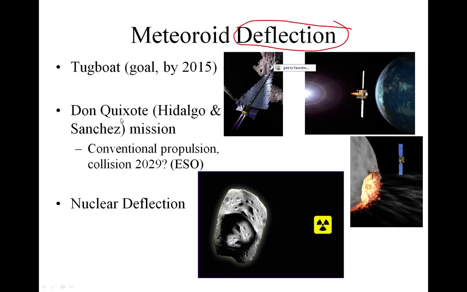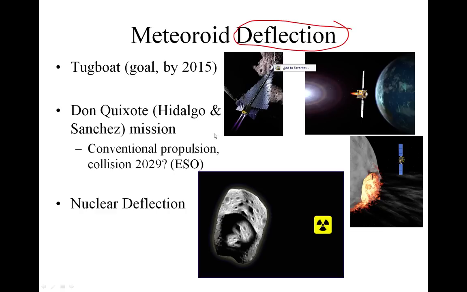The Don Quixote mission, you haven't read this book yet. It's a pretty good book. You'll read it in upper school probably. Basically, it consists of two probes, Hidalgo and Sanchez. Sanchez starts orbiting the meteoroid. Hidalgo goes on a suicide mission and smashes himself into it, trying to push it away, change its orbit.